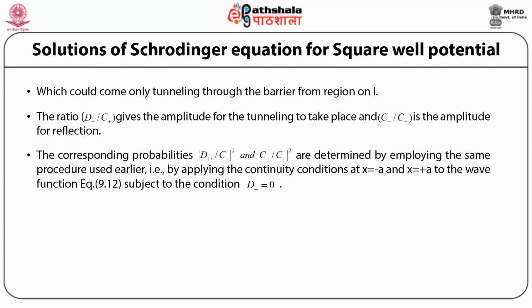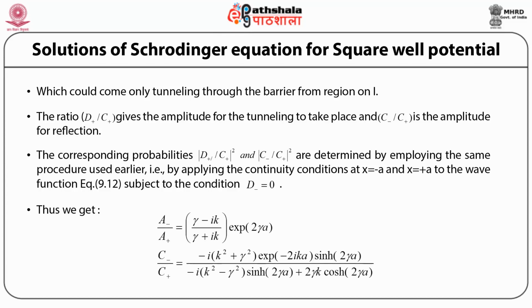That is, by applying the continuity conditions at x equal to minus a and x equal to plus a to the wave function defined by equation 12, subject to the condition D minus equal to 0.